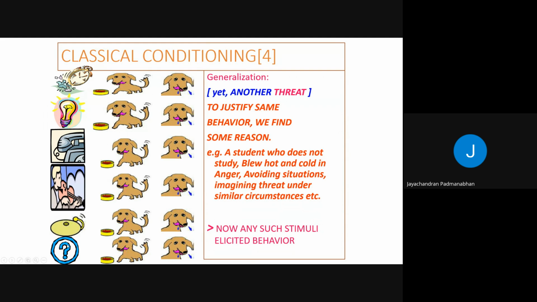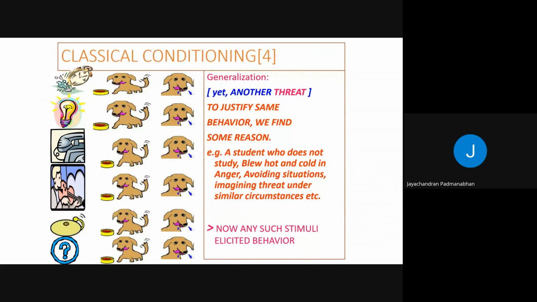I told you, throughout psychology you will come across stimulus and response. Many stimuli were given, and the dog was trained over many weeks and months in such a way that it would salivate with every stimulus. Now the dog is awaiting any such stimulus to salivate. So he called it generalization.